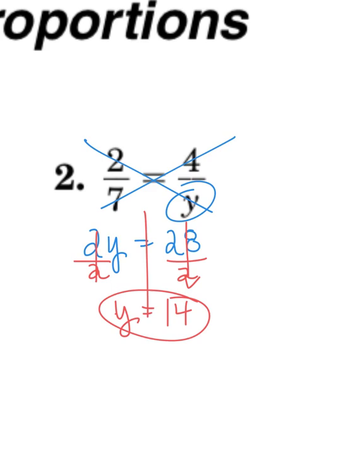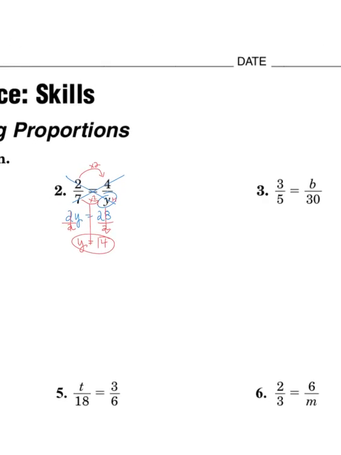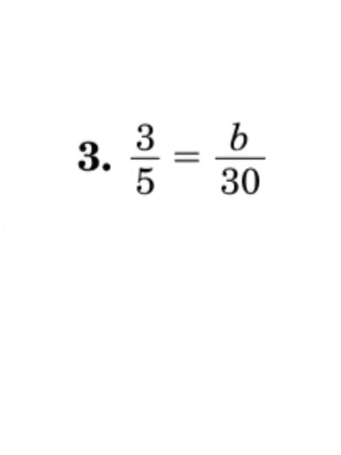Now again, if you could look at it like this and say 2 times 2 is 4, 7 times 2 is 14, that will work also. Okay, here's the proportion way for this one. Find the variable, cross multiply. 5b equals 30 times 3 is 90.